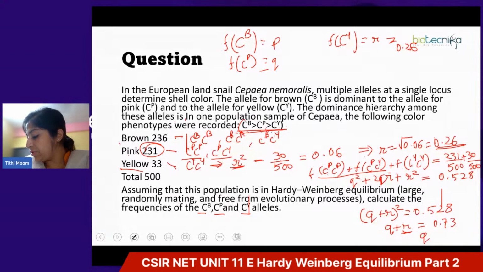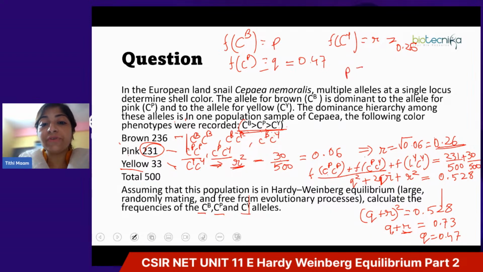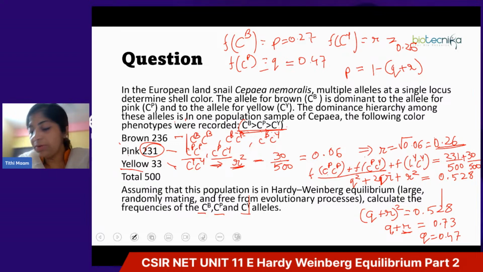So Q will be equal to 0.47. Now you have got R and Q's value, so you can substitute it in the formula that P will be equal to 1 minus (Q plus R). That will give you the value of P as well, which will be equal to 0.27. Okay, so the answer will be this.